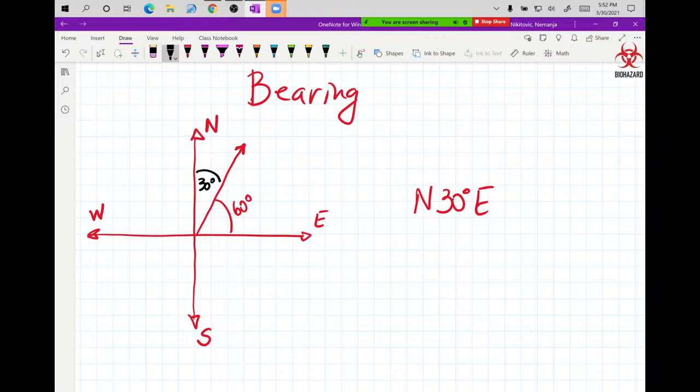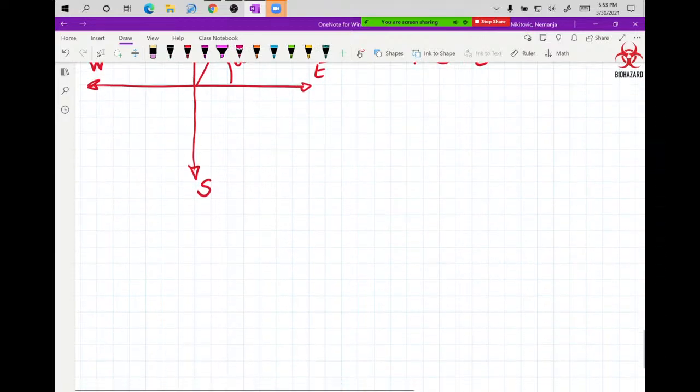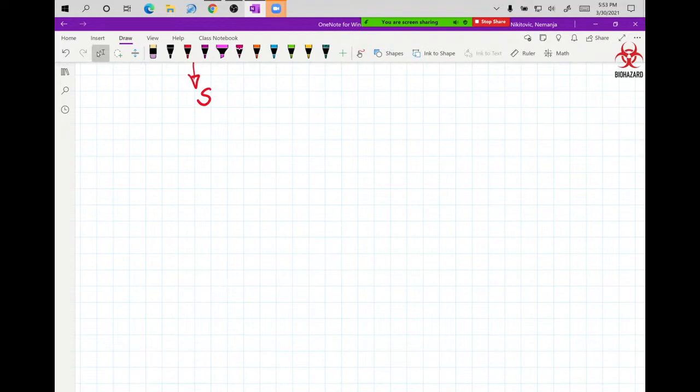So north 30 degrees in the east direction. Because guys, you have north 30 degrees in the west direction. That's the black one over here. North, that's where you start. Then you go 30 degrees and then in the west, on a westbound, which means left. So you have to be careful about those things. Let's take a look at another one.